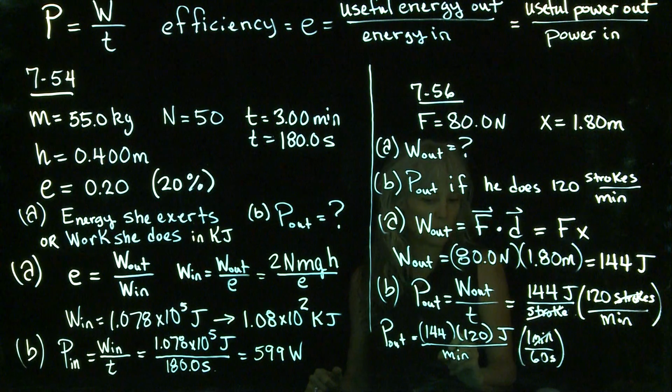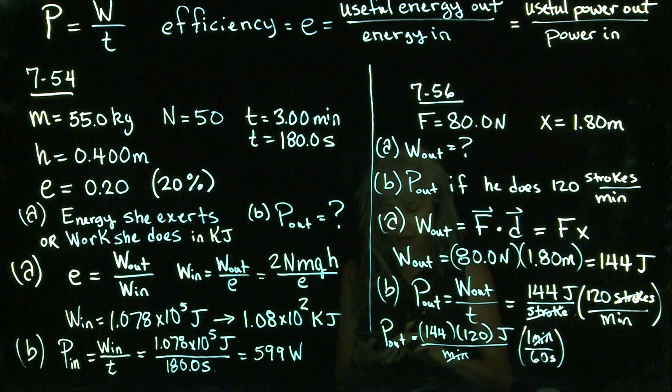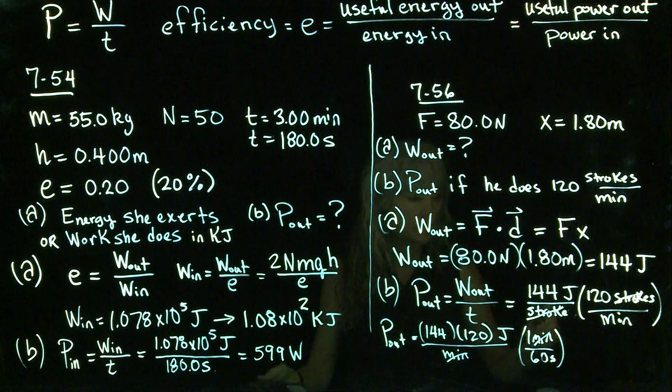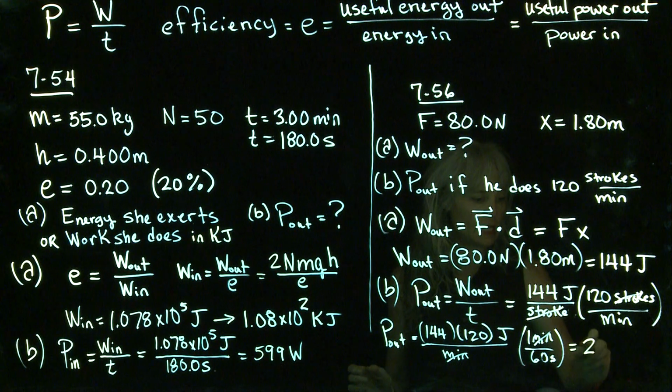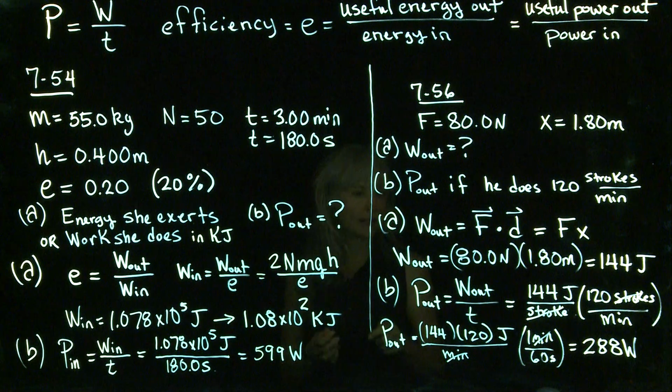And so now the minutes will cancel, and we're going to have units of joules per second. So let's go ahead and calculate that number. That's 144 times 120 divided by 60, which gives us 288 joules per second, which is a watt. 288 watts, and so that is the useful power out, quote unquote, to get him from one end of the pool to the other.